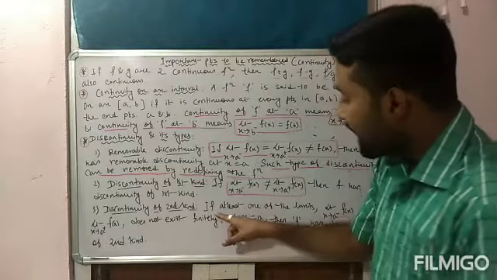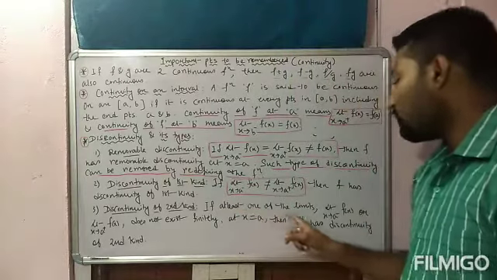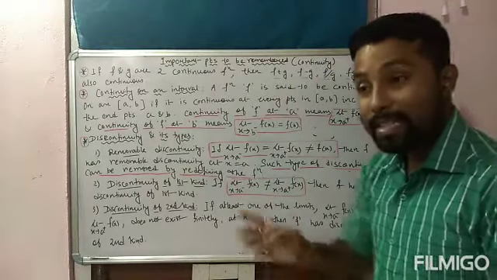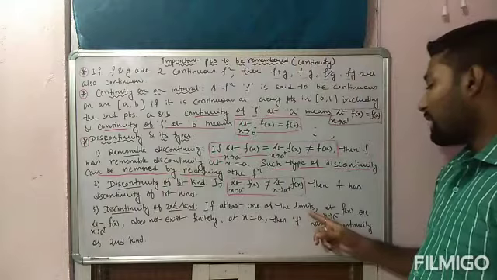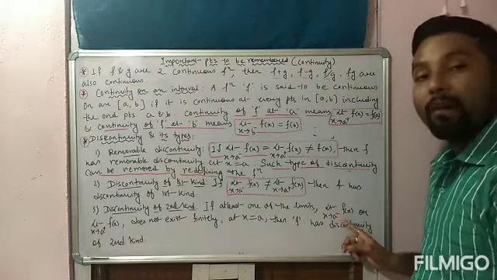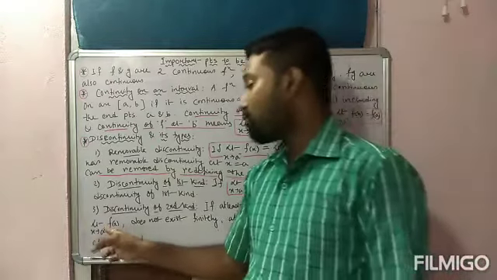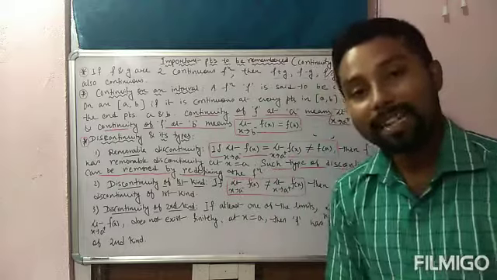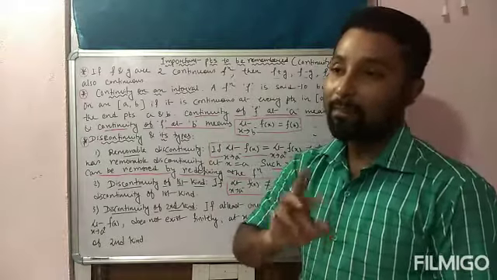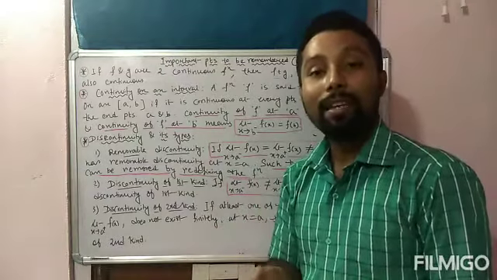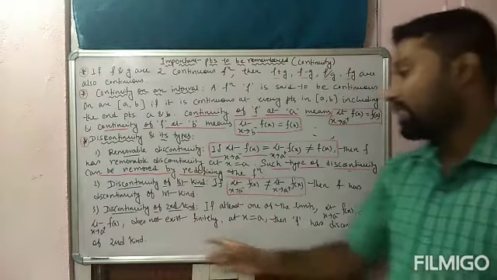If at least, means minimum, one of the limits, either left hand limit or right hand limit, that is limit x tends to a power minus f of x, which is the left hand limit, or limit x tends to a power plus f of x, which is the right hand limit, does not exist finitely. If at least one of the left hand limit and right hand limit does not exist at x equal to a, then f has discontinuity of second kind.